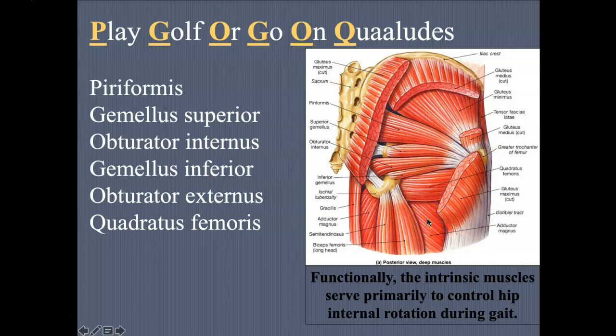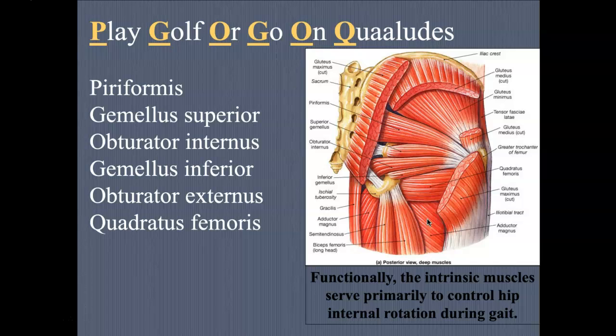But as a whole, one of the things that we know about these intrinsics is that they're going to control hip internal rotation during gait. So they're going to slow the rate at which we internally rotate during gait. And that will become important because if we don't slow that rate, just think as we're moving from the swing phase and we're touching back down to contact phase, right?